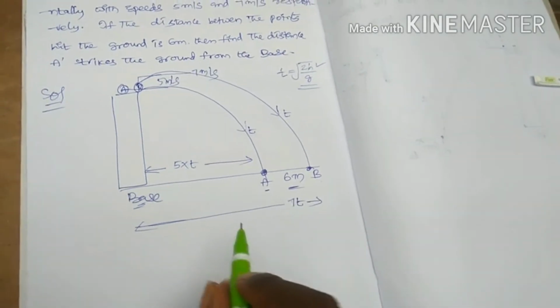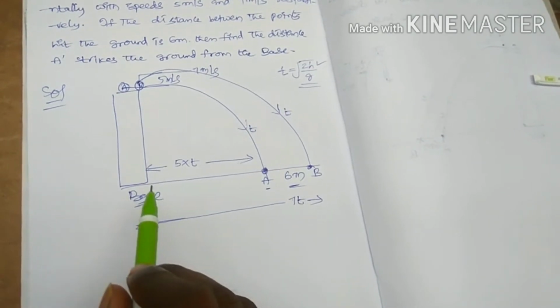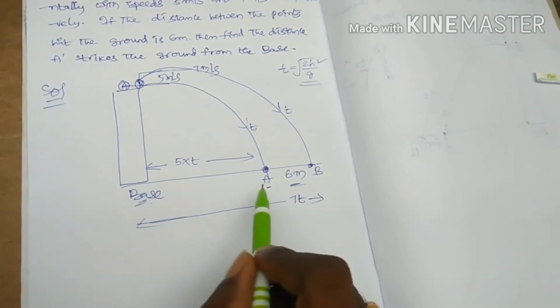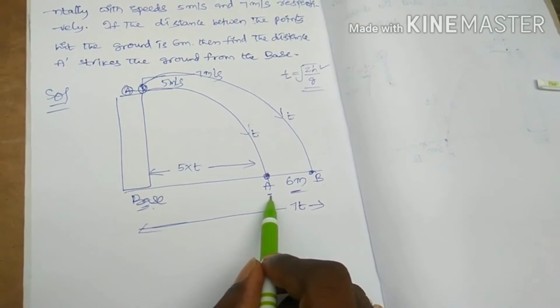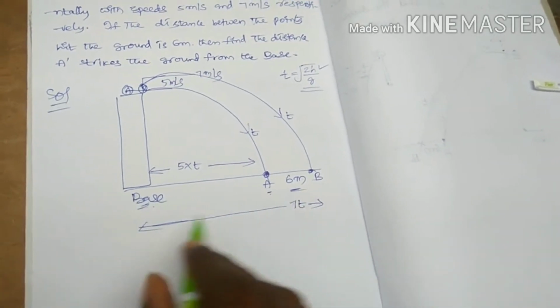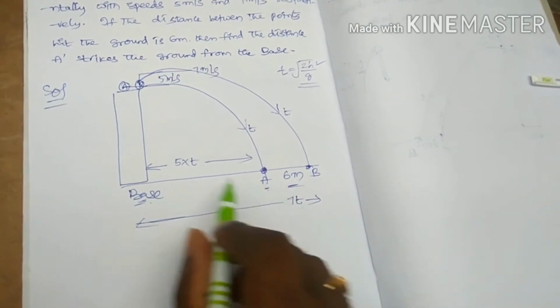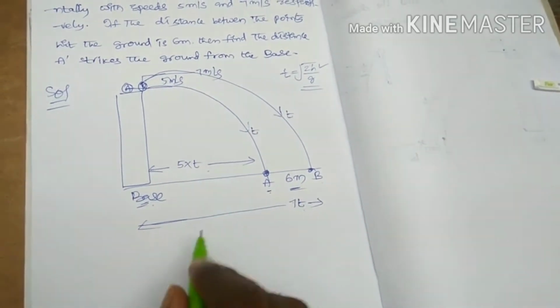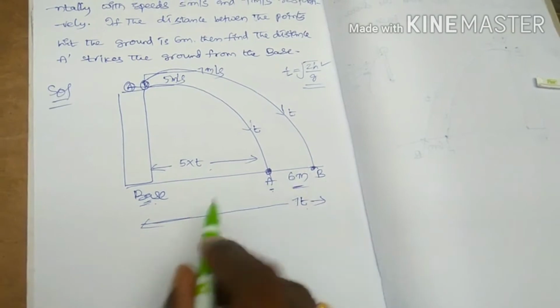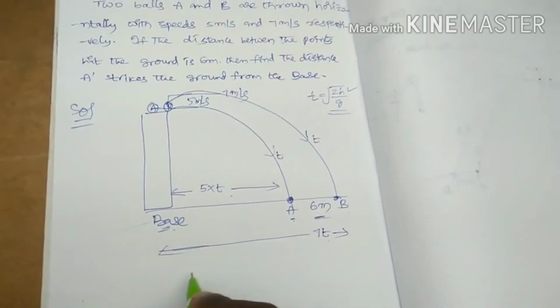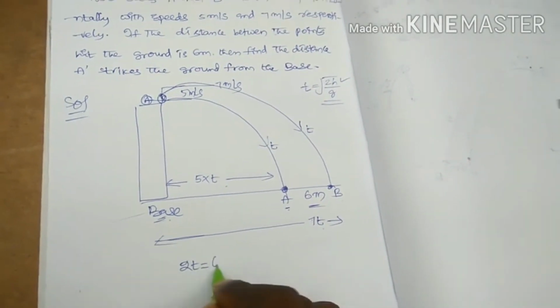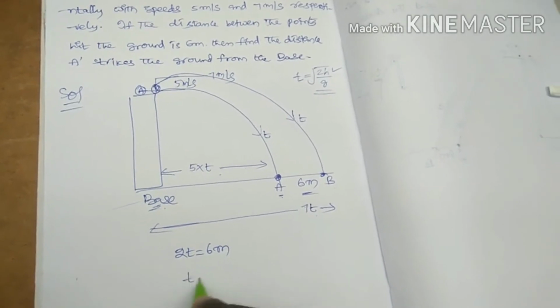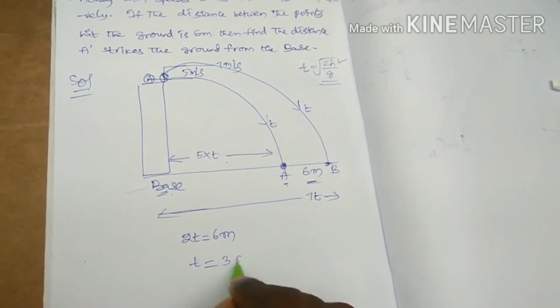We need to find the distance from the base to the point where ball A strikes the ground. The distance between A and B is 7t minus 5t, that is 2t, equal to 6 meter, where t is equal to 3 second.